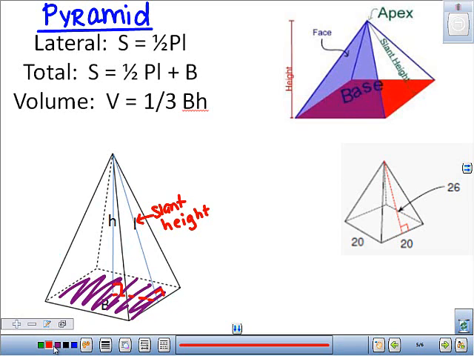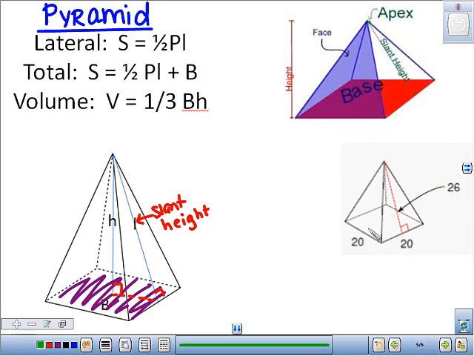And I've got this colored picture here to help you see it a little better. So the base is this red shape or polygon at the bottom. The height is going to be vertical, or perpendicular to the base. So straight up and down, or you can draw it in the center like in this one. And the slant height is slanted down the face of the pyramid. And then of course that common vertex we call the apex.